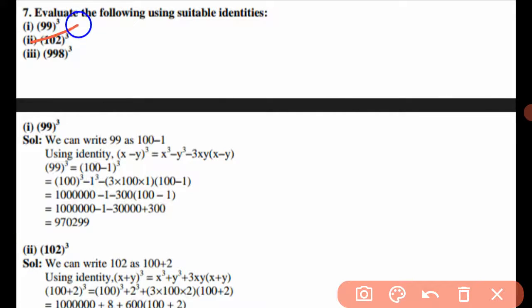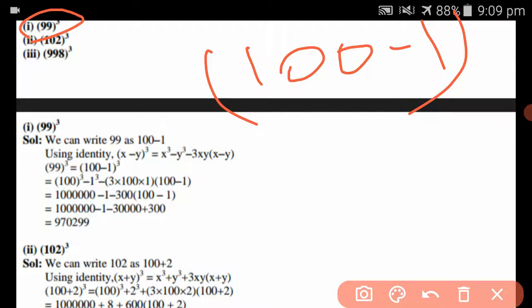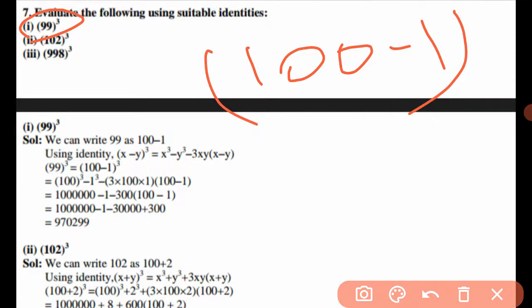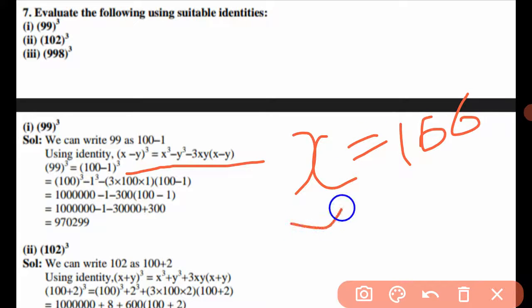In the first part we have 99 whole cube. First of all we can write 99 whole cube as 100 minus 1 whole cube. So here we can use the identity of a minus b whole cube, that is x minus y whole cube equals x cube minus y cube minus 3xy into x minus y, where the value of x equals 100 and the value of y equals 1.